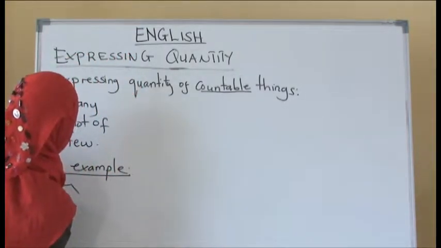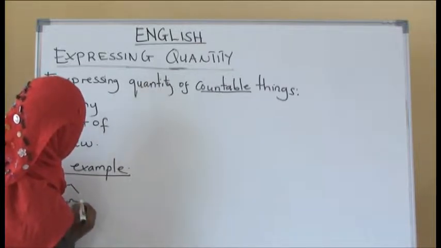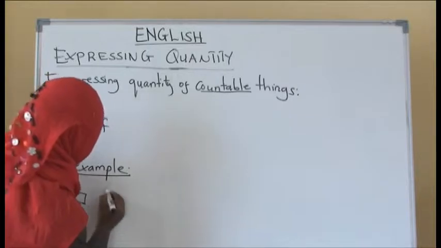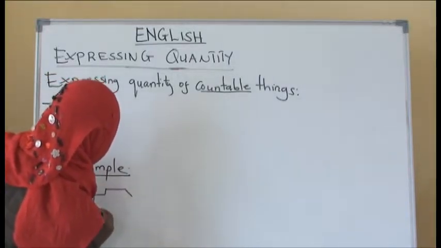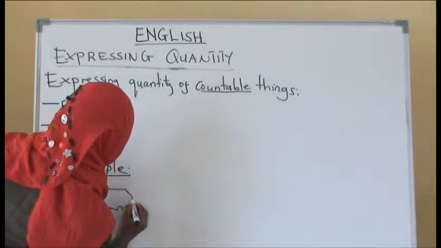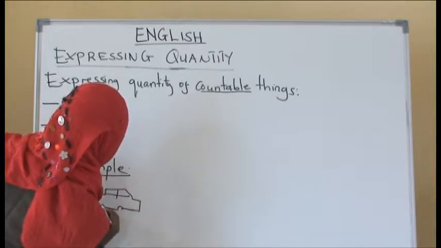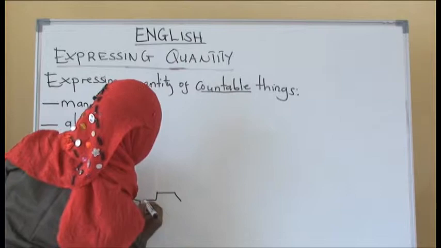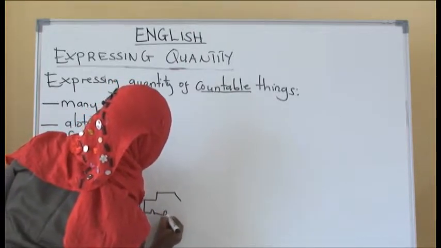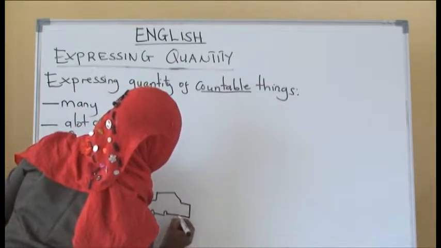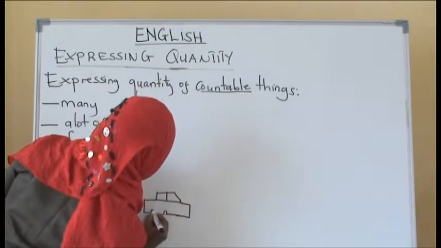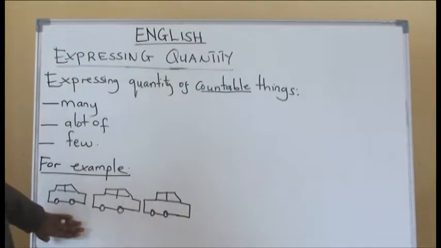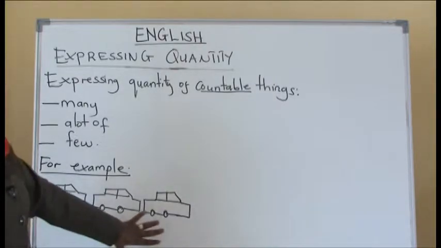Let's say these are my cars. Another car of mine is here. And let's say we have also another car which is here. So these cars here, I can count them.